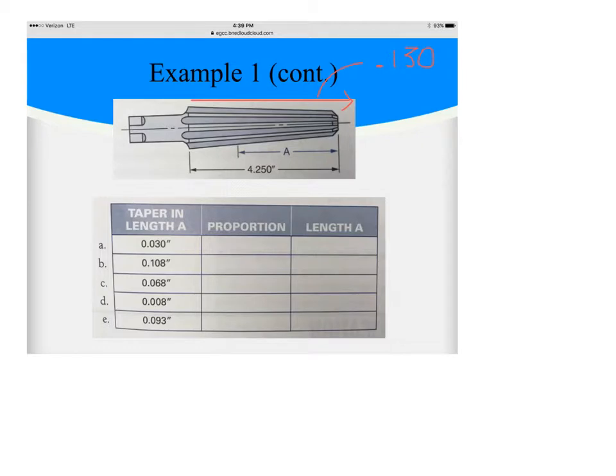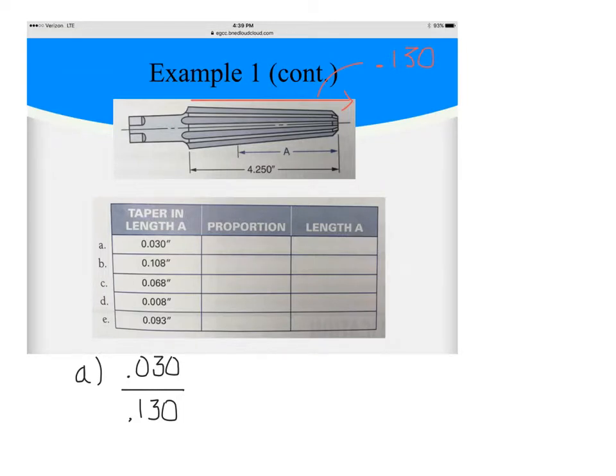So the first thing we have to do is to determine the proportion of the taper that is covered. In part A, we're told that the amount of taper in length A is equivalent to 0.030 inch. That is out of a total of 0.130 inches in taper.